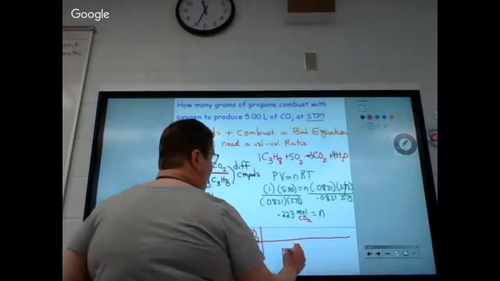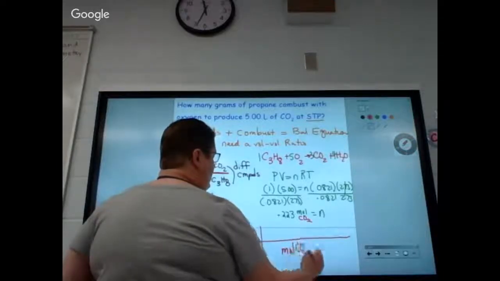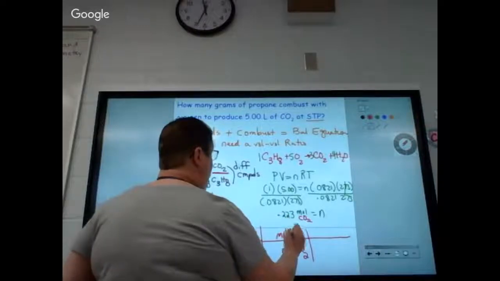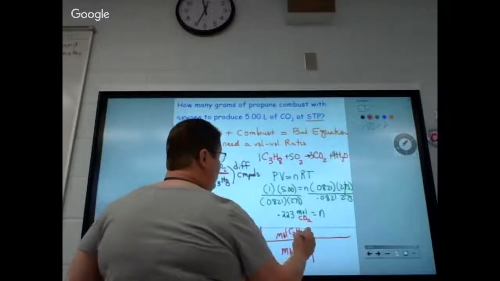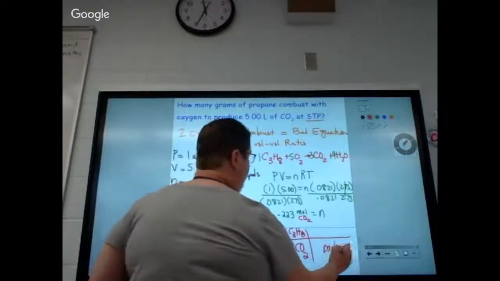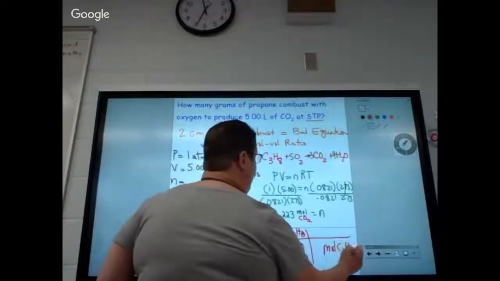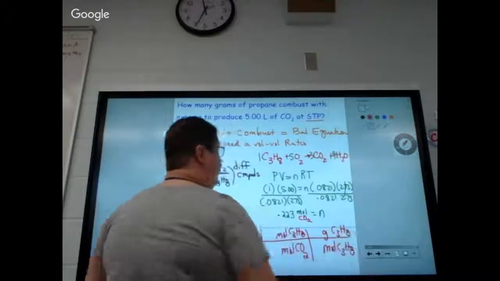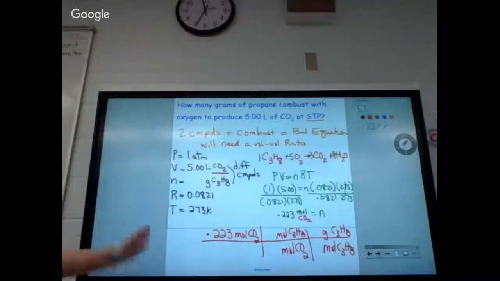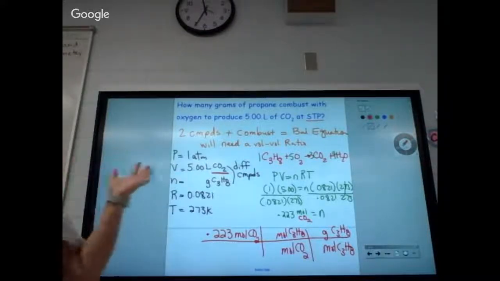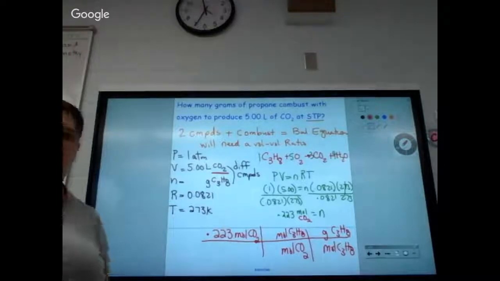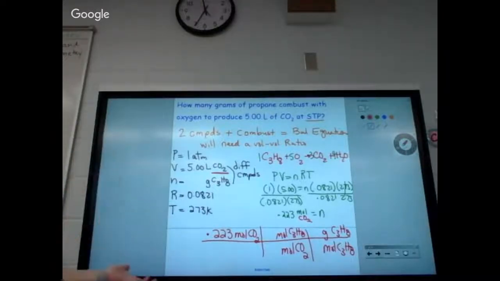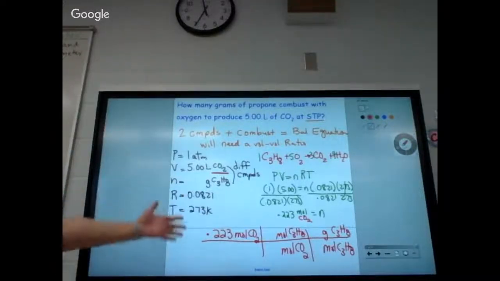So I can go from moles of CO2 to moles of propane at the bottom, to grams of propane at the top. Okay? That's the old way. Some of you will like that way better. Nothing wrong with doing it that way. That's the way that a lot of people will gravitate towards. There's no less number of steps. That's one way to do it.